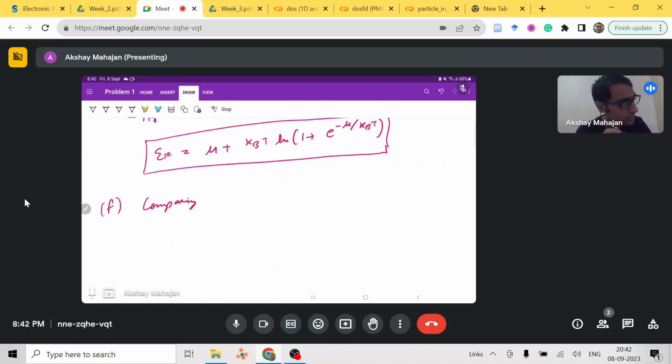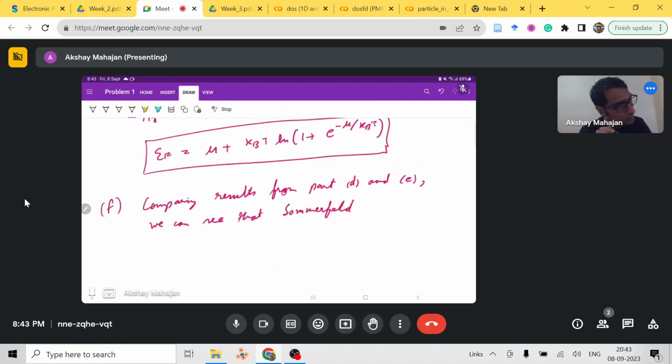So we can just write: comparing results from part D and E, we can see that the Sommerfeld expansion for n, I should have written it for n actually, does not work for 2D free electrons, right?